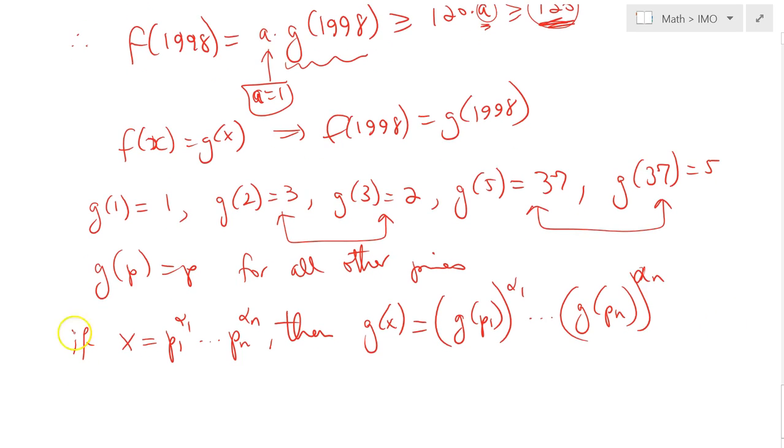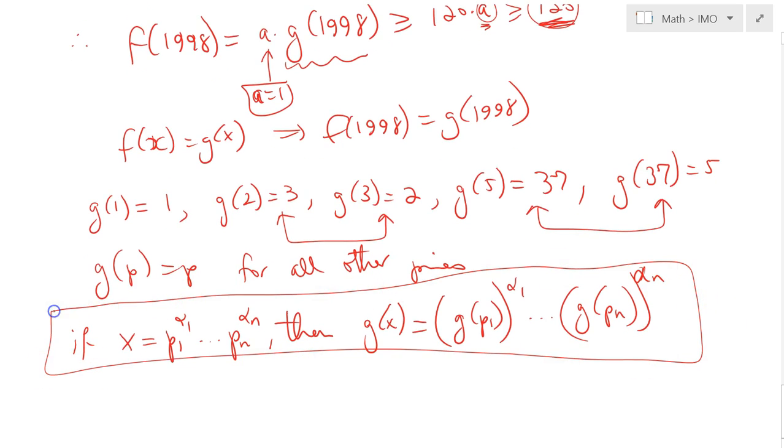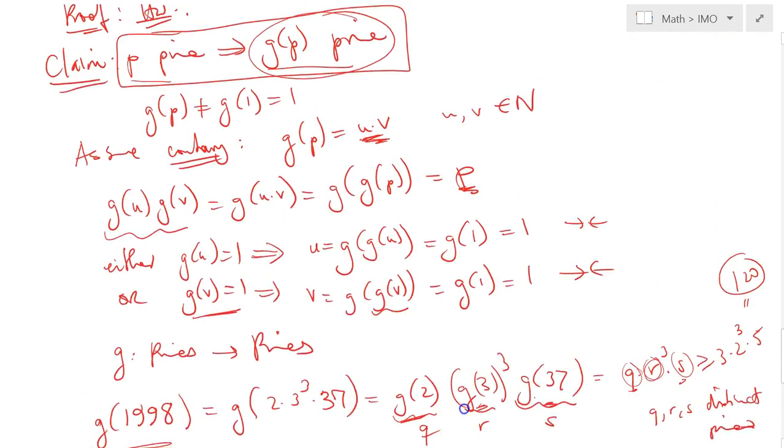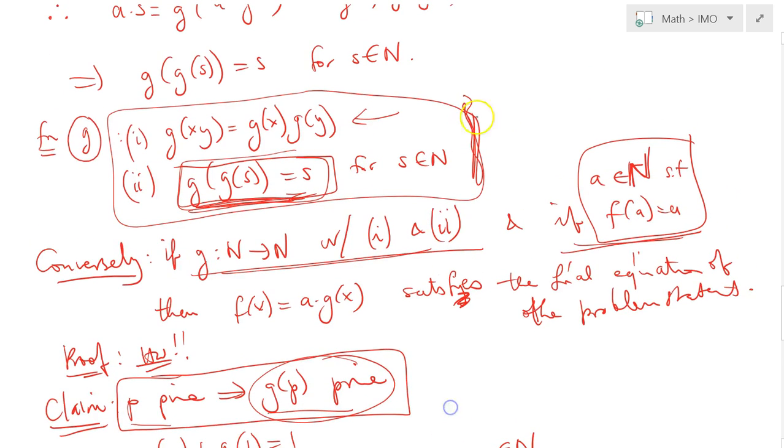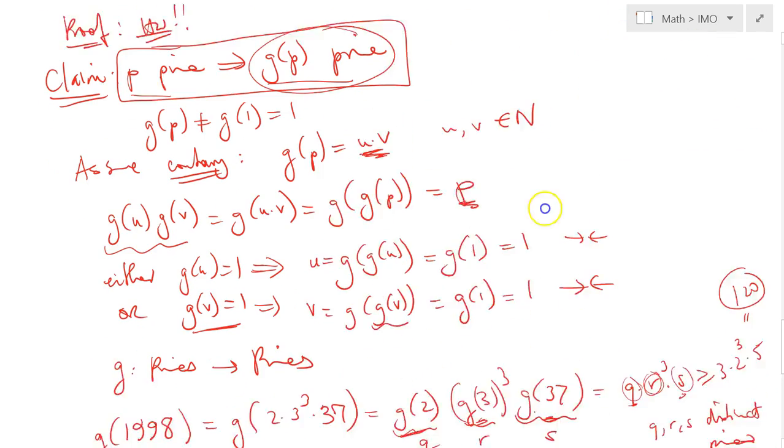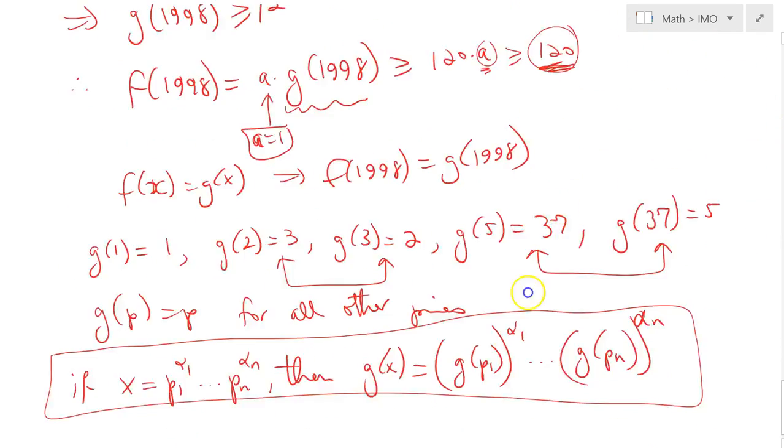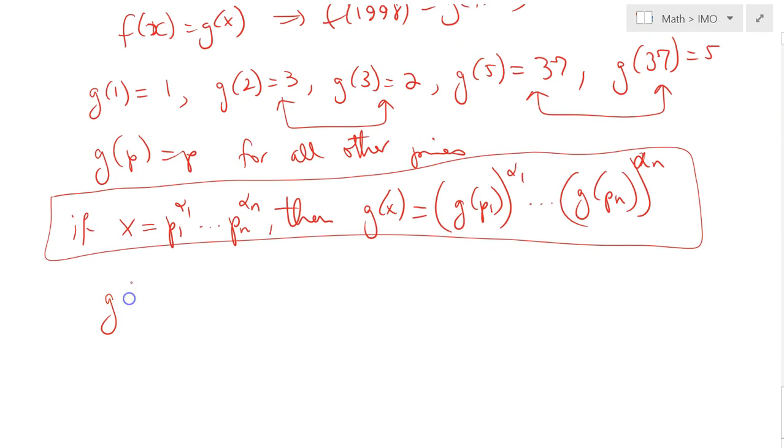As a result, the two properties that define g are satisfied. So we have a well-defined function here.